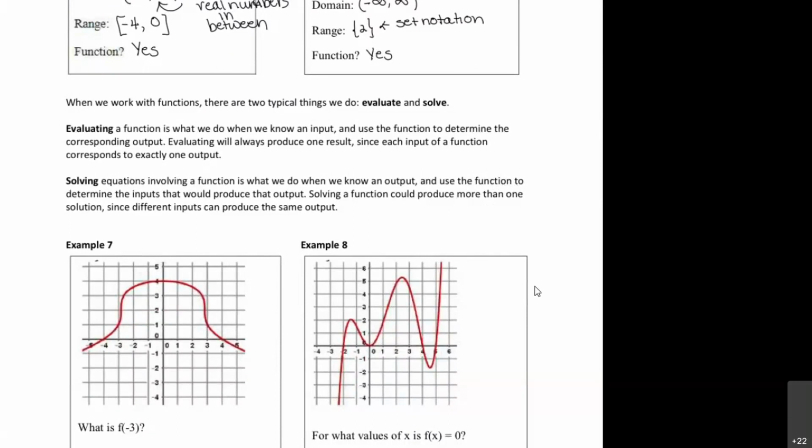Solving means I gave you the output and I want to know the input. So at this point, let me ask a survey question. How many of you have a TI-84? If you have a TI-84 with you now, just type me or yes in the chat. Okay, me.